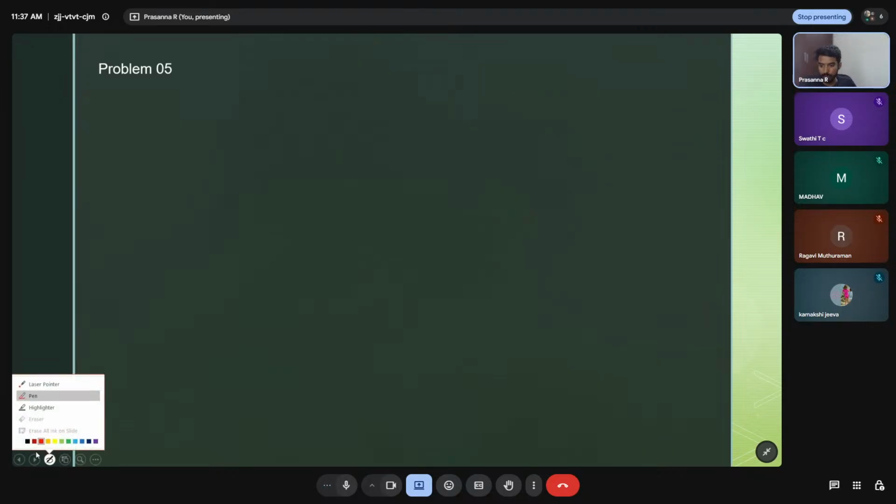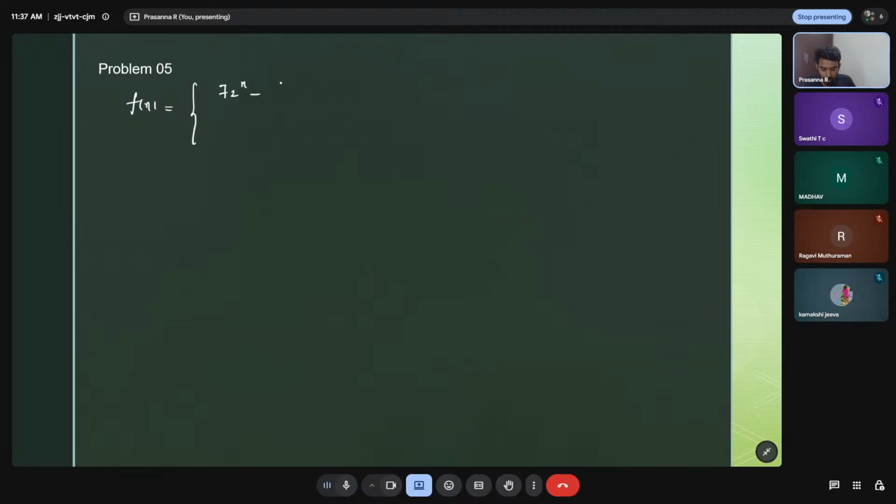So problem 5. f of x is equal to 72 power x minus 9 power x minus 8 power x plus 1 divided by root 2 minus root of 1 plus cos x, when x is not equal to 0, and it takes a value of a times log e 2 log e 3 when x is equal to 0.